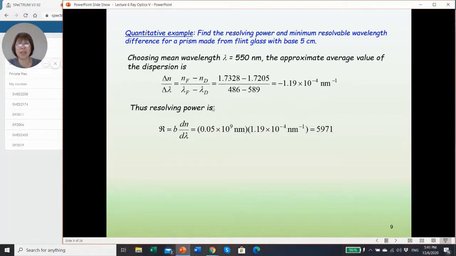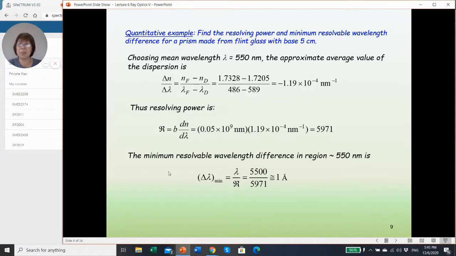The resolving power then will be given by the base of the prism multiplied by the dispersion term. And we convert 5 cm to nanometer units. Multiplying by this, we will get a number of 5971. Then the minimum resolvable wavelength difference in the region of 550 nanometer would be lambda divided by the resolving power.